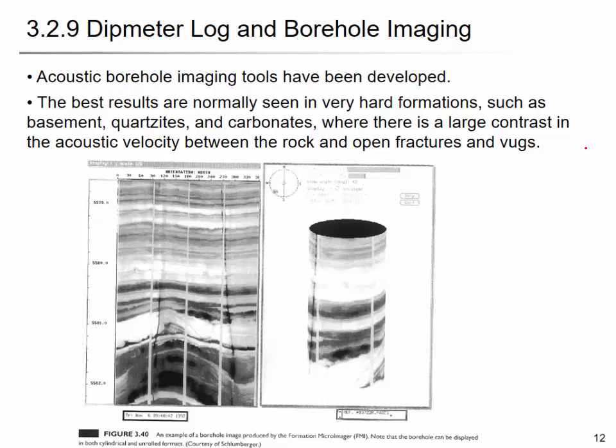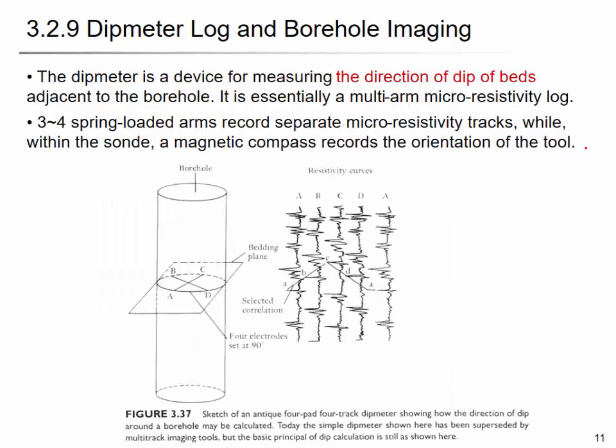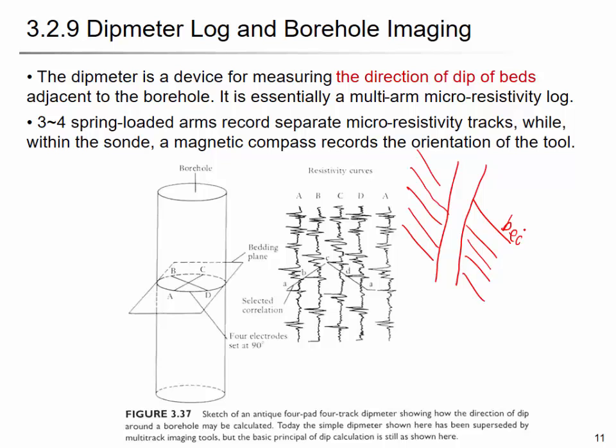So for example, the direction of the dip. So if this is the bedding plane, the angle of this is called the dip, and this dipmeter log can measure this beta angle.